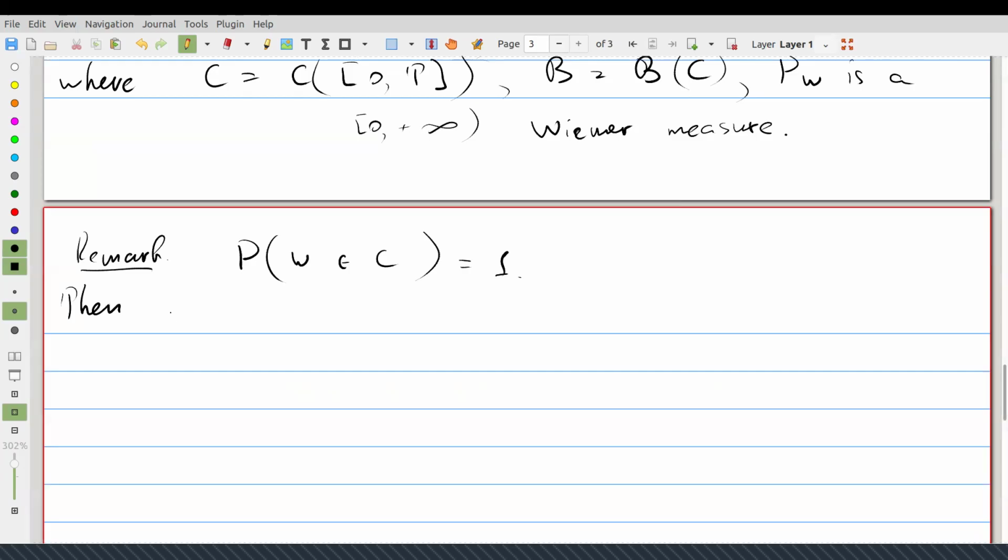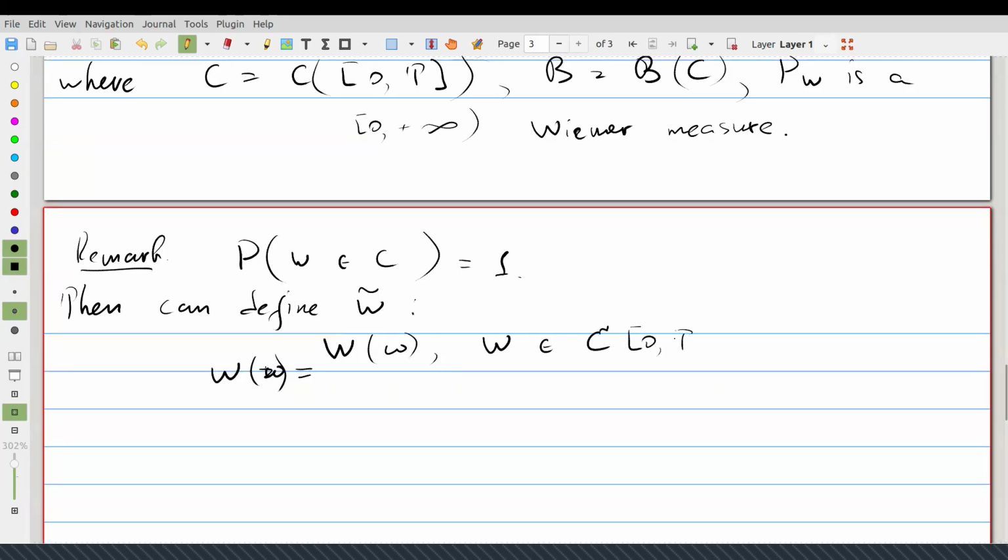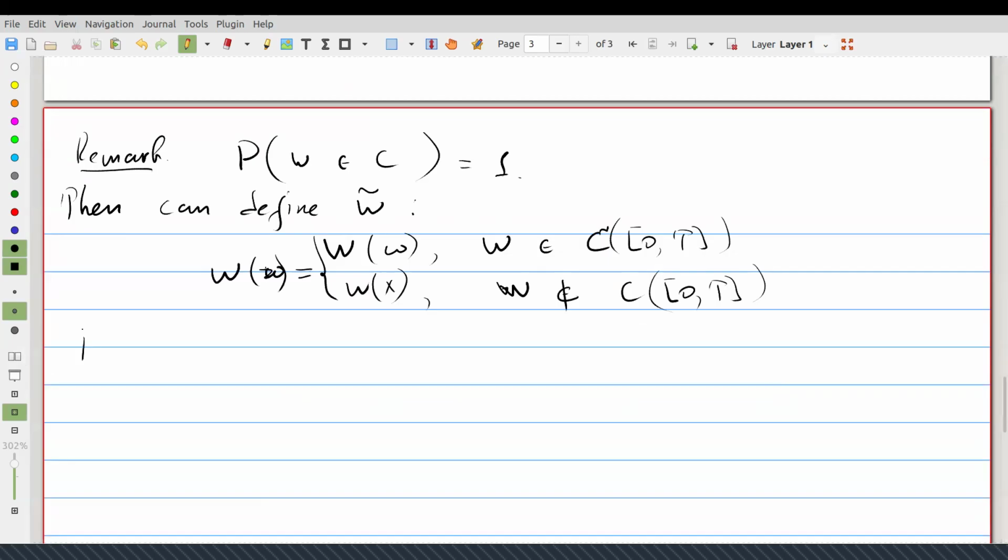Then, without changing the measure, we can define W̃(ω) equal to W(ω) if W is continuous, and equal to a constant when the trajectory is not continuous.